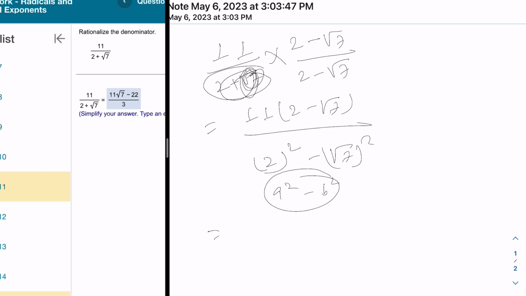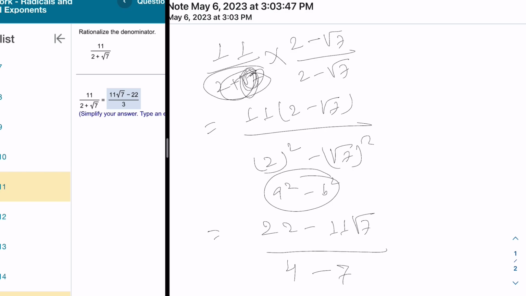So now we can write 22 minus 11 root 7 over, what is 2 squared? It's 4. And what is root 7 squared? That's 7.